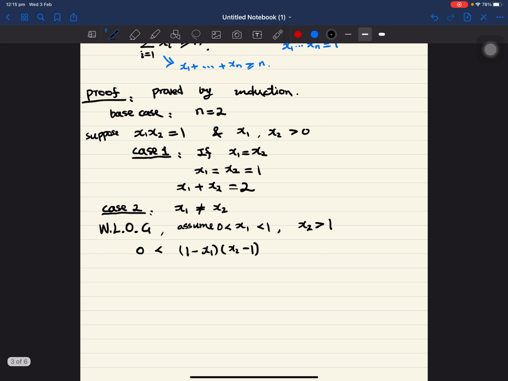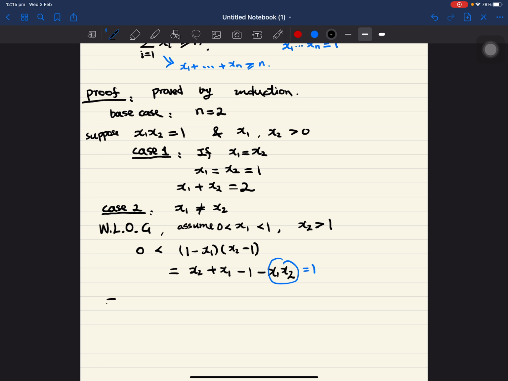And if we expand that, that gives us x2 plus x1 minus 1 minus x1 x2, and by assumption x1 times x2 is equal to 1.